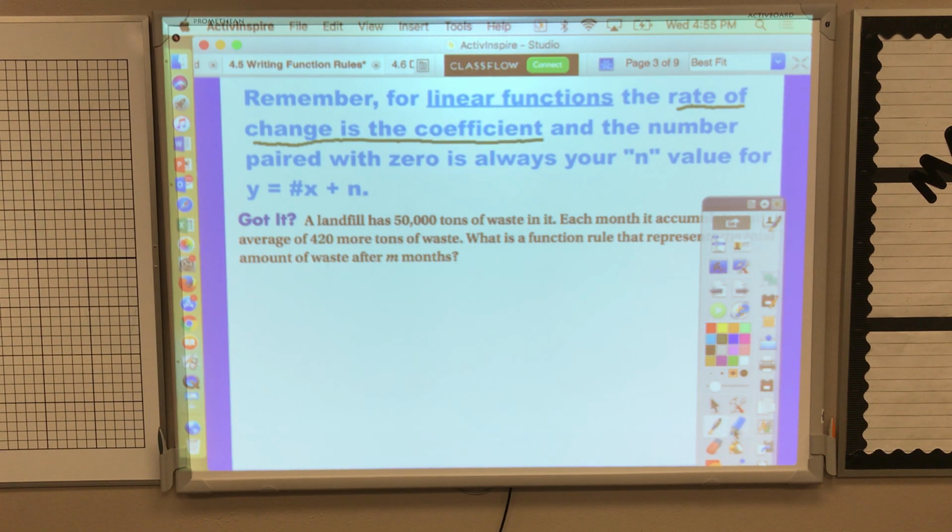So if they're giving you ordered pairs, this constant right here is the number paired with 0. Now if they're not giving you ordered pairs, like you're going to see today in these word problems, what that means is that's our starting amount. Starting with.